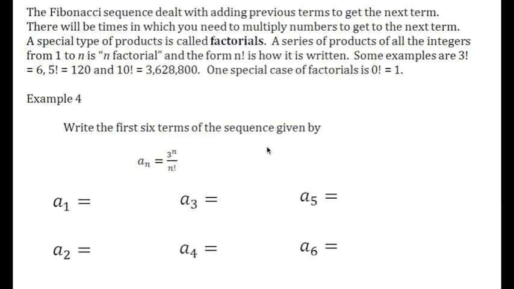A special type of this is called a factorial. The product of all the integers from 1 to n is called n factorial. For example, 3 factorial means 1 times 2 times 3, which is 6. 5 factorial means 1 times 2 times 3 times 4 times 5, which is 120. 10 factorial is 1 times 2 times 3 times 4 all the way up to times 10, which is 3,628,800.